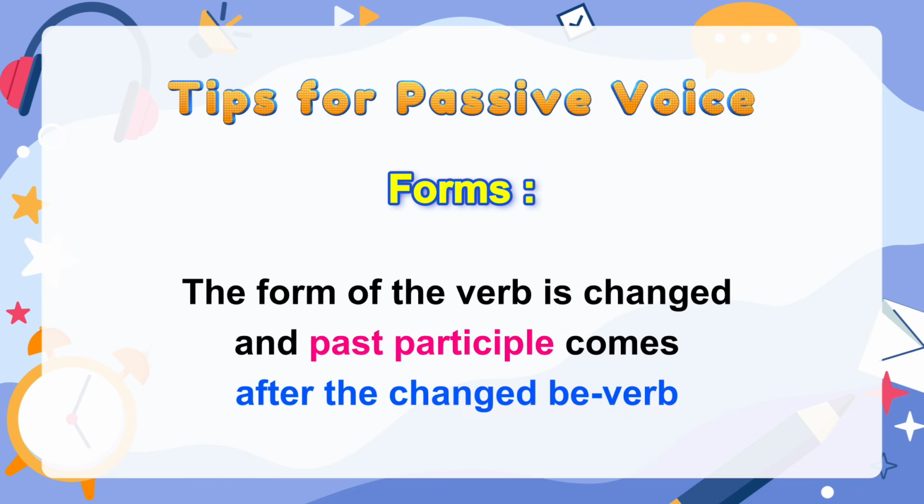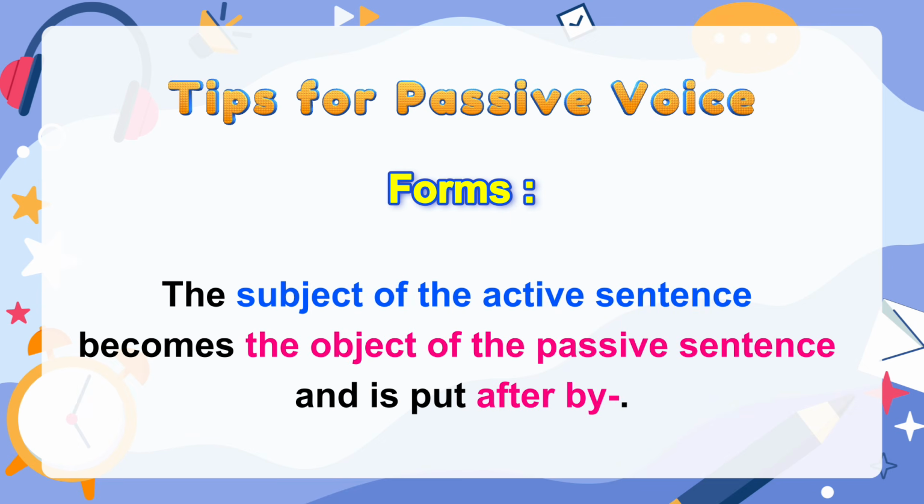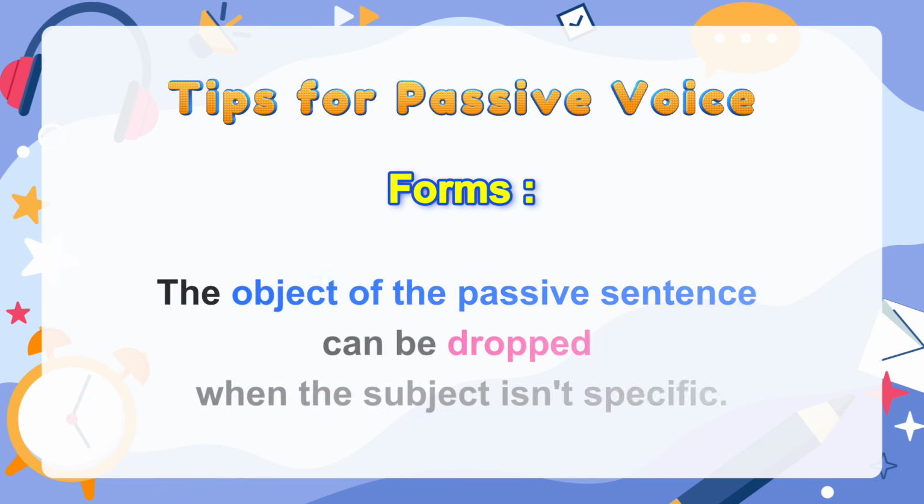The form of the verb is changed, and the past participle comes after the changed be verb. The subject of the active sentence becomes the object of the passive sentence and is put after the word by. The object of the passive sentence can be dropped when the subject isn't specific.